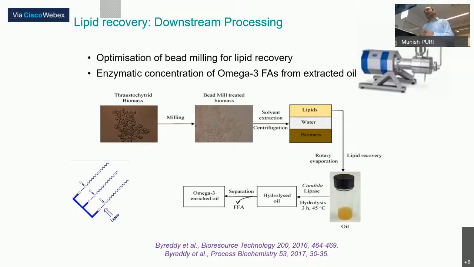Then we extracted the lipid and used a specific lipase, which led to a twofold increase in the concentration of omega-3 fatty acid. This is a good way, because the omega-3 fatty acids in the market are concentrated from fish oil by distillation. What we are proposing is that, rather than using those methods, it is better to use enzymes for concentrating it.